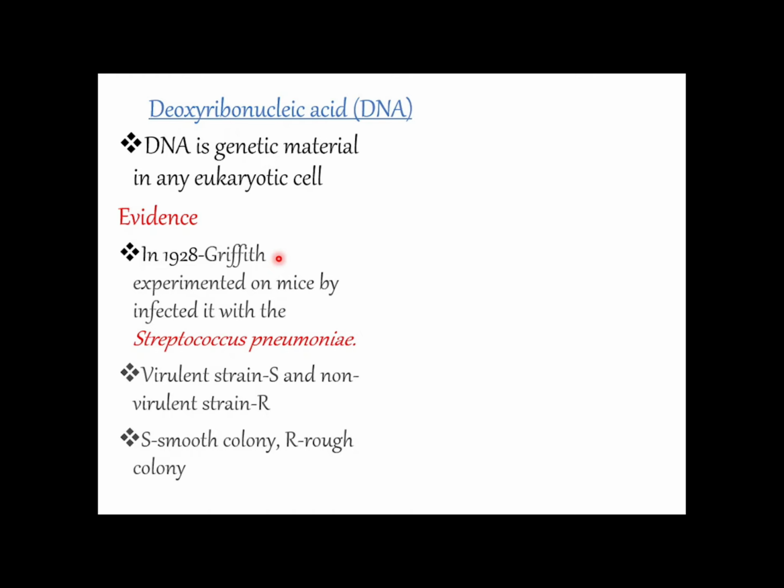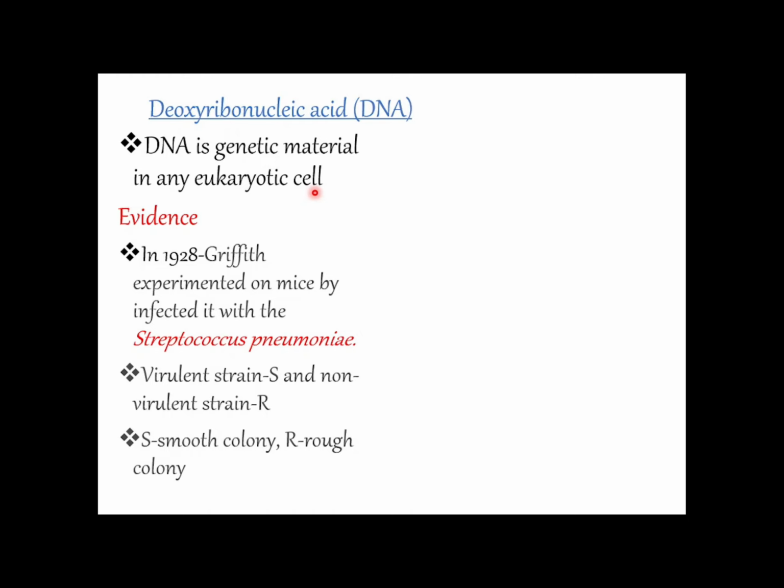On the chromosome there are histones and the DNA, especially in eukaryotic cells. This DNA has what we call genes, millions of genes. A gene is a segment or portion of DNA which stores and transmits hereditary information. So DNA contains millions of genes, and it is the thing which transmits hereditary information. Because of that, DNA is the genetic material in any eukaryotic cell.